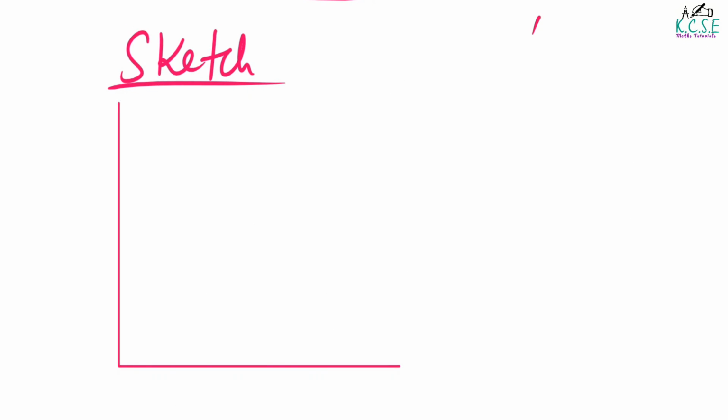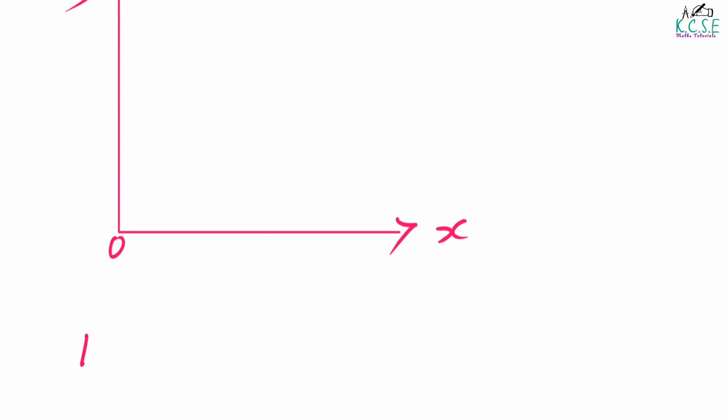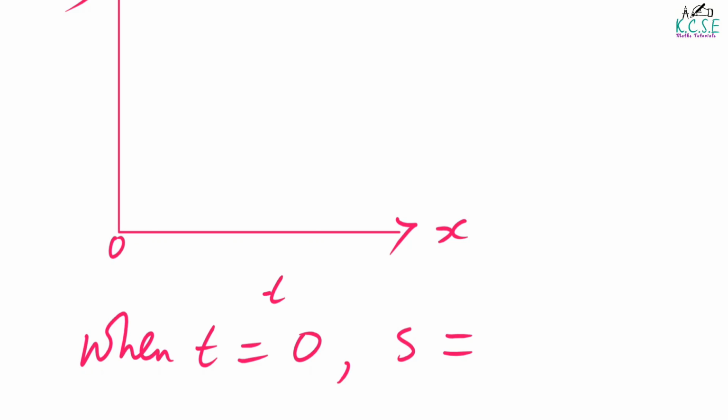Now, this is the y-axis, and this one is the x-axis. This is 0. So when t is 0, this one is t, this is the value of s, so s will be 5. So we can put 5 somewhere here.